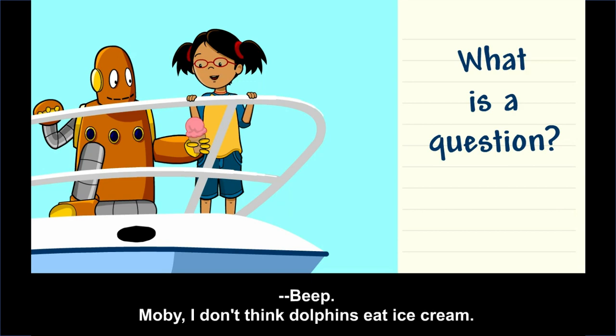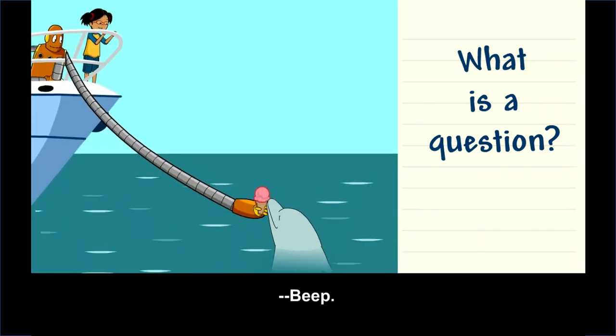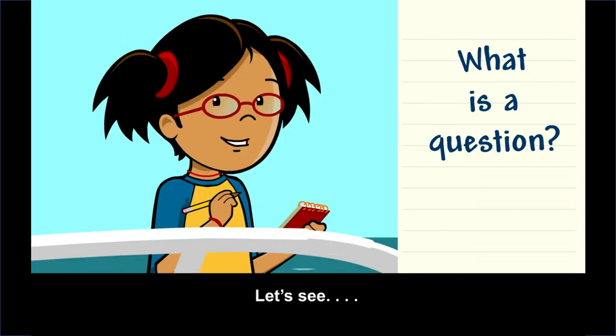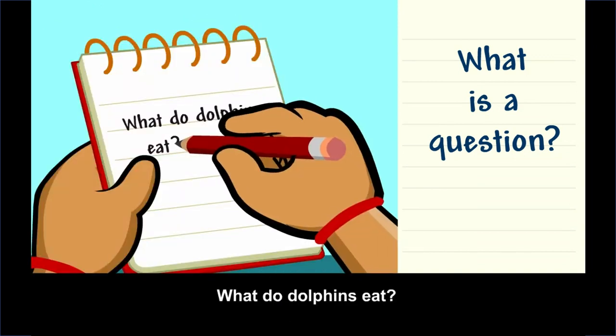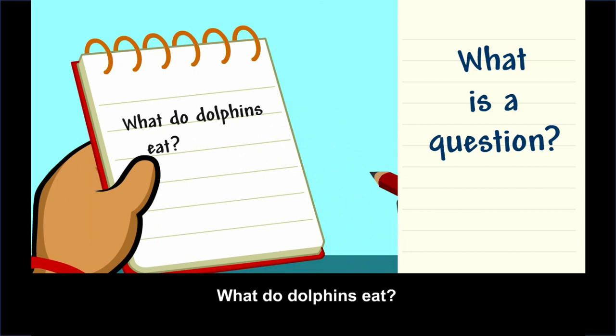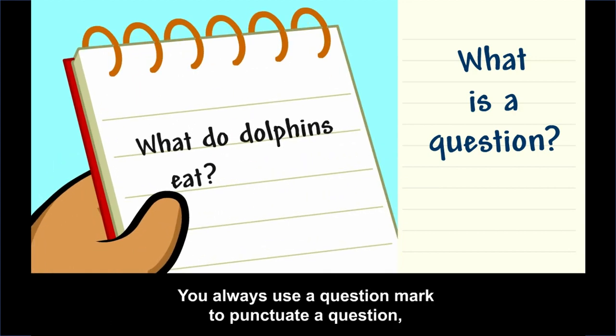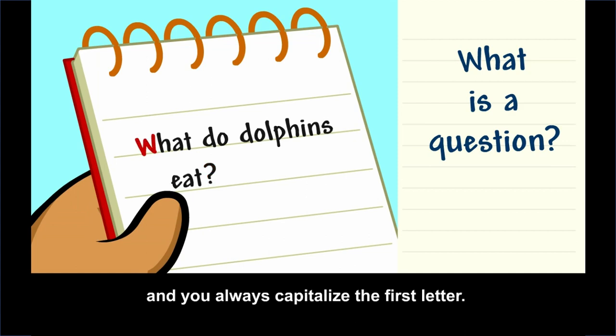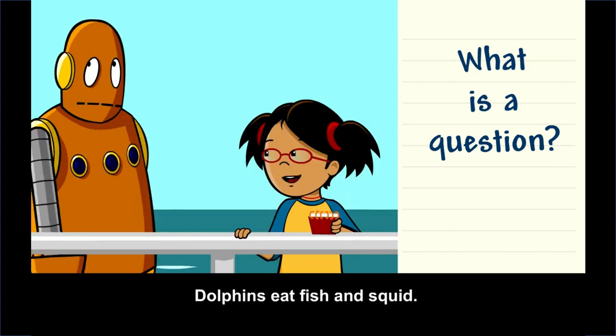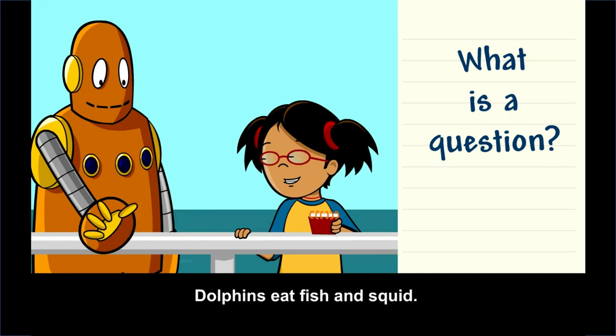Moby, I don't think dolphins eat ice cream. Let's see. What do dolphins eat? You always use a question mark to punctuate a question. And you always capitalize the first letter. Dolphins eat fish and squid.